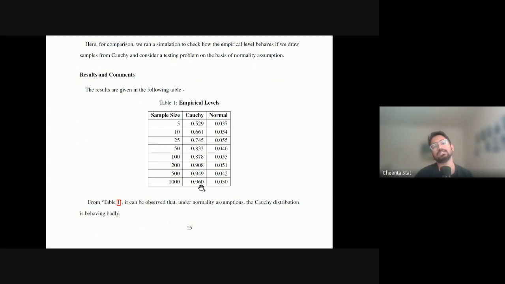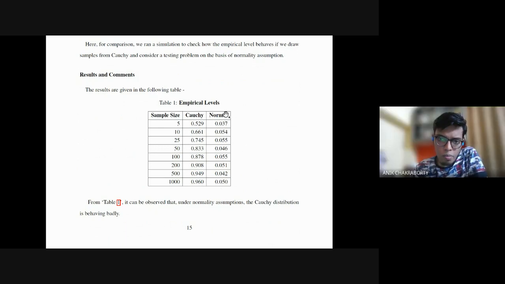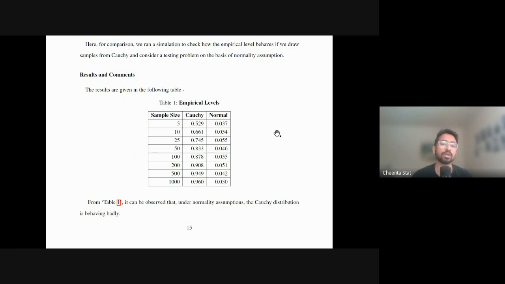Ideally, as I took the normal assumption, the empirical level should be close to 0.05, which is my chosen level of significance. But in case of Cauchy, it is going to increase to 1.